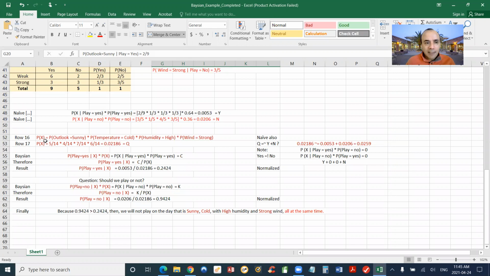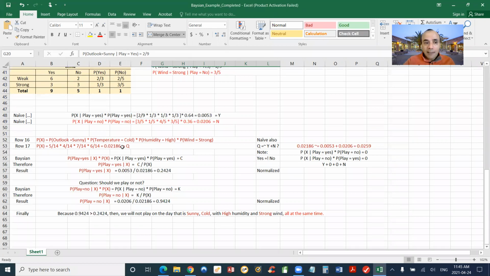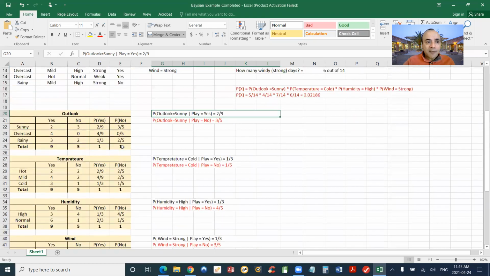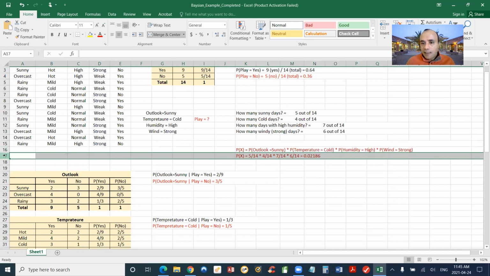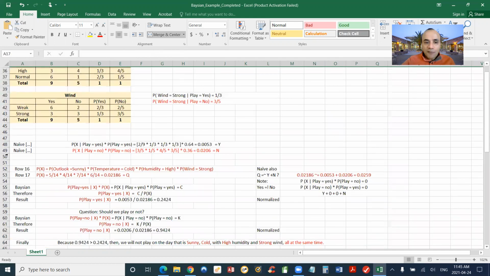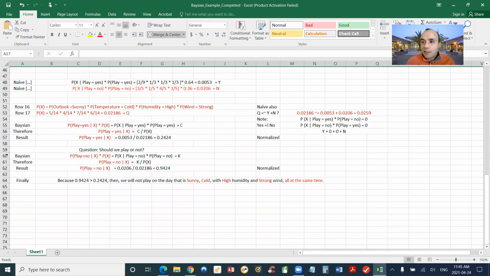So outlook sunny, temperature cold, humidity high, wind is strong. I'm going to multiply them again, and I'm going to get 0.02186. Remember, I have made the assumption that they are independent, and they are coming from rows 16 and 17. We have already calculated them here and here. If you want to refresh your memory, please rewind this recording and go back and see what we discussed at that time.